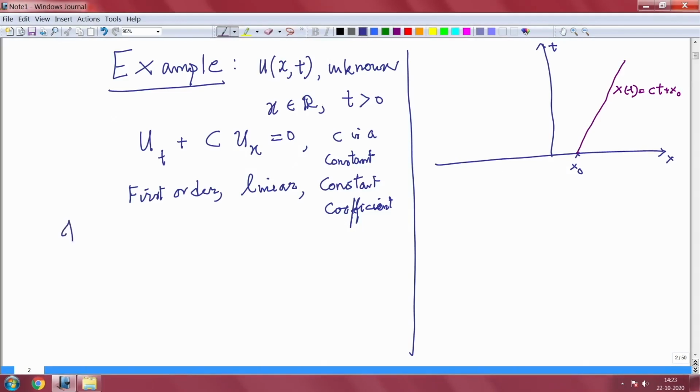So, introduce x of t equal to c t plus x naught. Here is one point I want you to think about: this curve x of t is viewed with respect to t.